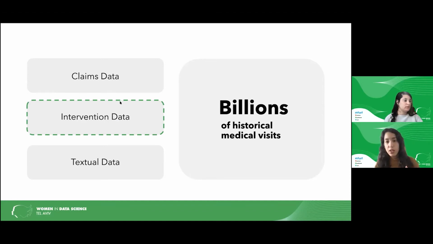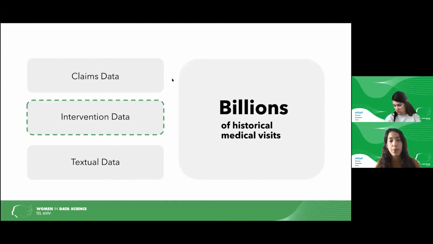Intervention data includes information about when and how long the patient engaged in a program that is supposed to lower his or her risk. Now we enter the world of causal machine learning, which is a very interesting world because usually in machine learning we only do correlations, and we know that correlation doesn't always imply causation. We want to measure the impact of those intervention programs.